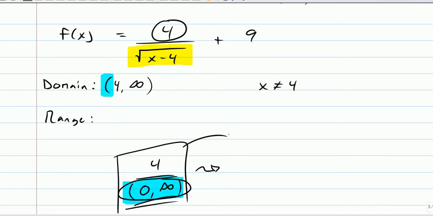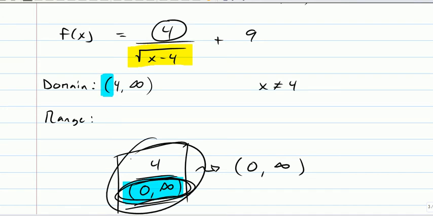So you can get really big numbers if you plug in small values, and small values if you let the denominator be very big. So just this piece is going to output values between 0 and infinity, not including 0.